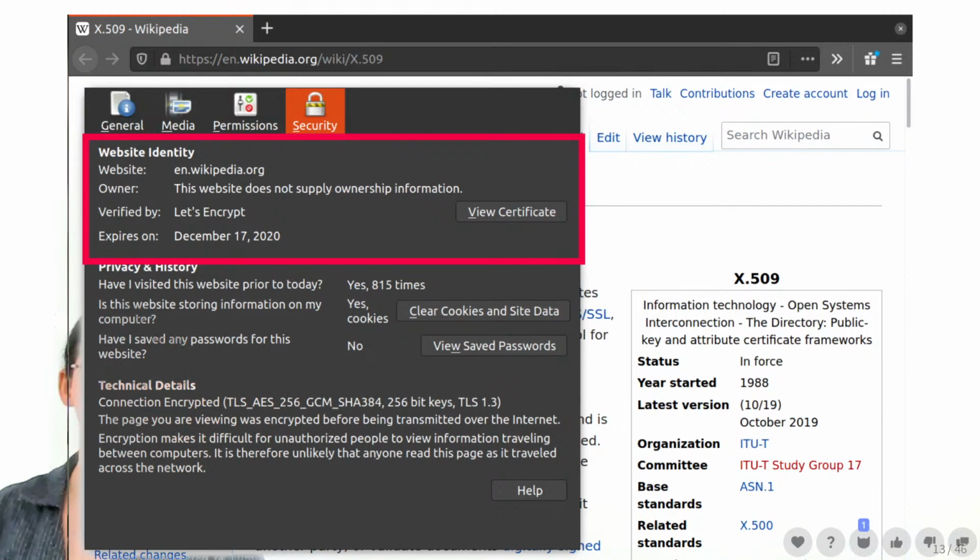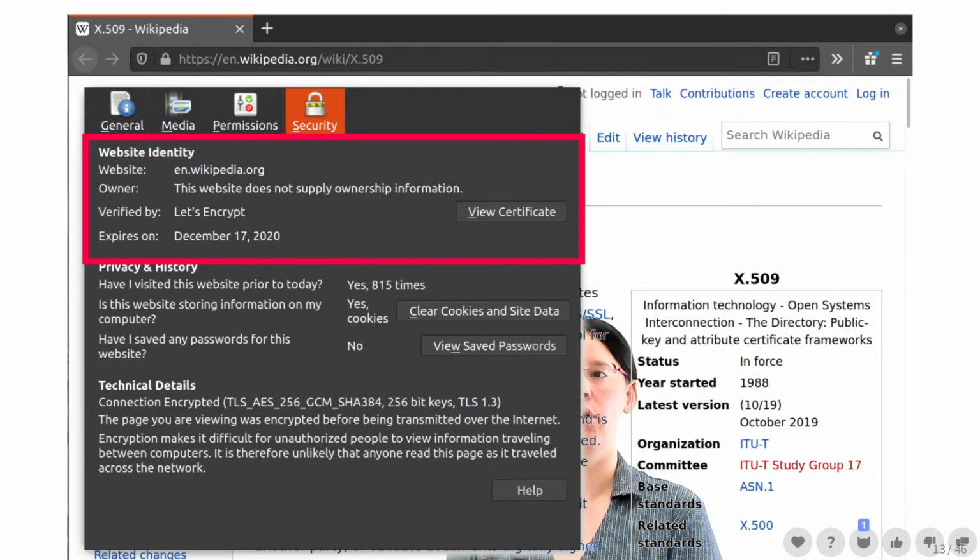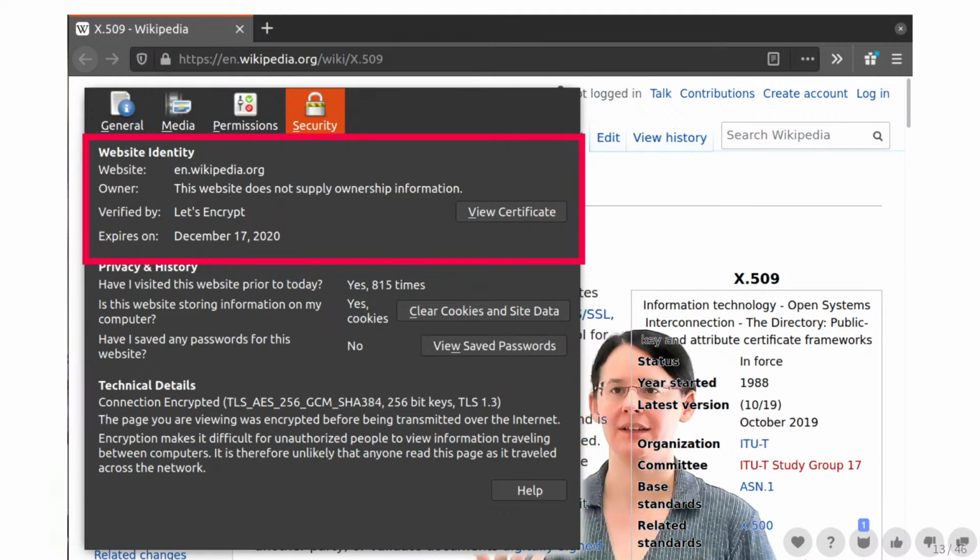You can also see it in the URL. If you click on that symbol, you usually get to this security information that I'm listing here. So if I look at the security tab, what you get is some information like the owner of the certificate you're talking to. So that's wikipedia.org. That would be the identity here.